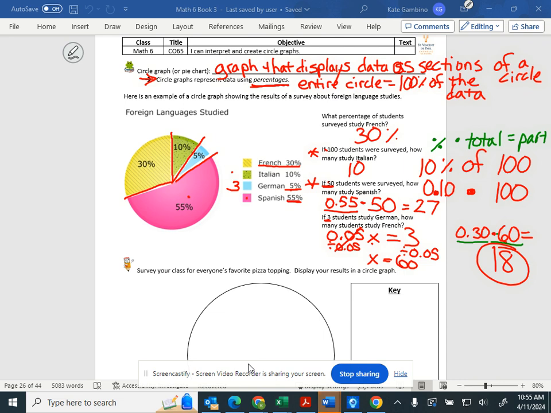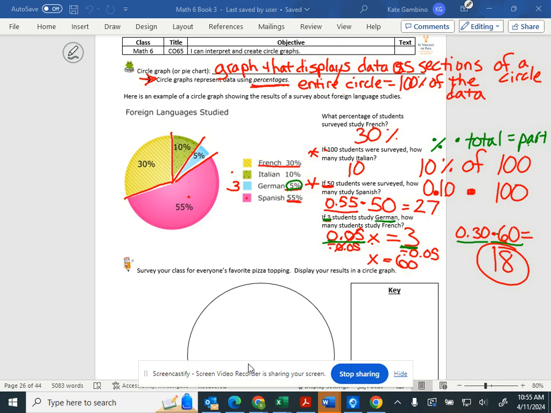So we know the percentage of German was 5%, right? So that's my 0.05, that's 5%. Then we know that our part was 3. So I filled in the part.